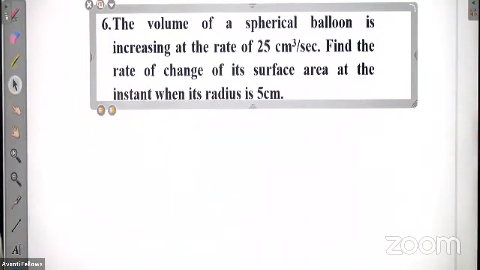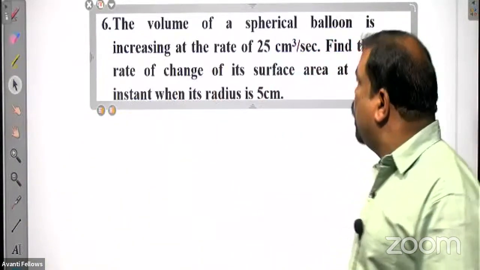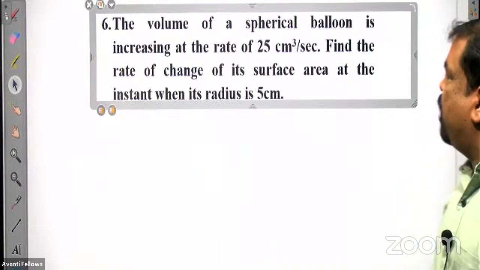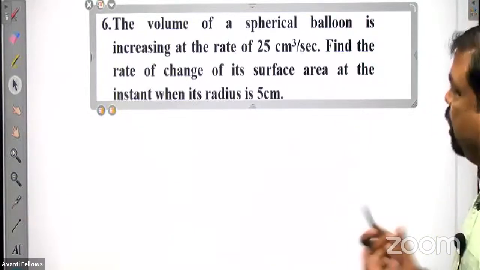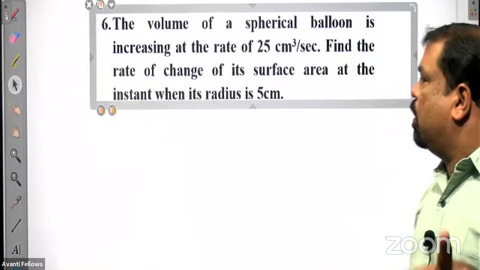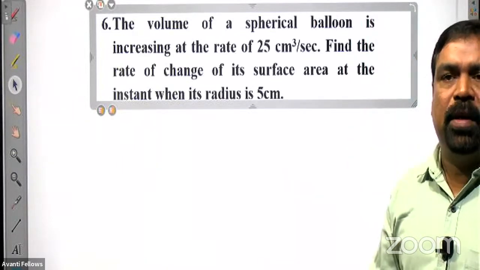Okay. The volume of a spherical balloon is increasing at the rate of 25 centimeter cube per second. Find the rate of change of its surface area at the instant when its radius is 5 centimeter.